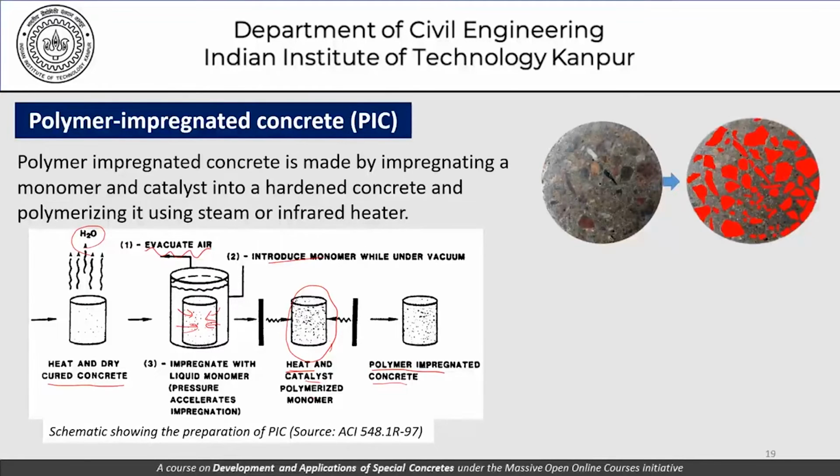So if you look at this picture here, what you can visualize is that the first step would involve drying and heating this concrete, which means that all the water from here which can be removed is removed.